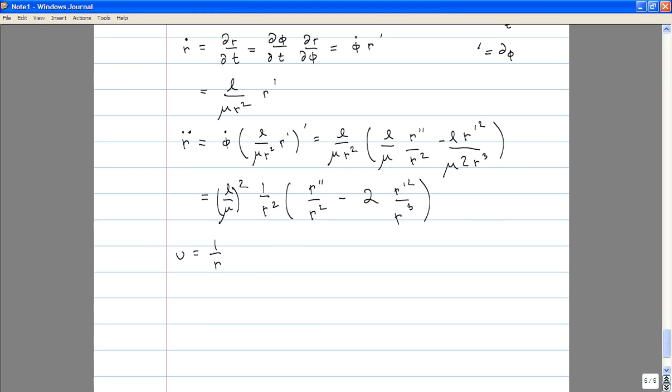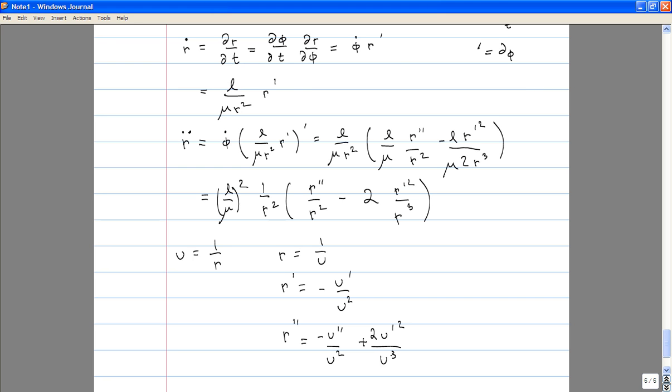So that means that r is 1 over u. r prime is minus u prime over u squared. And r double prime is the sum of 2 terms: minus u double prime over u squared plus u prime squared times 2 over u cubed.